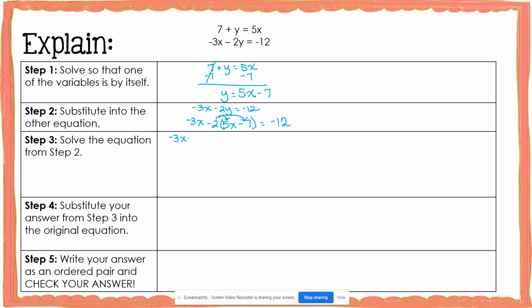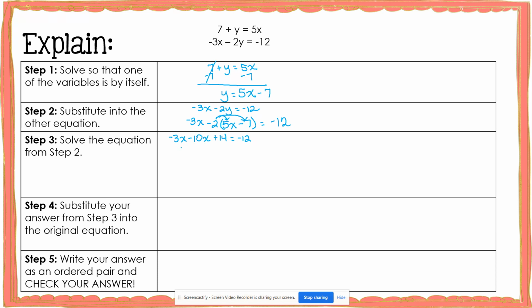Because it's negative, all we write is minus 10x. That shows us that it's negative. Then we have negative 2 times negative 7. Well, negative 2 times negative 7 gives us positive 14. Because it's positive, we would write plus 14. And then the rest of the equation says equals negative 12.